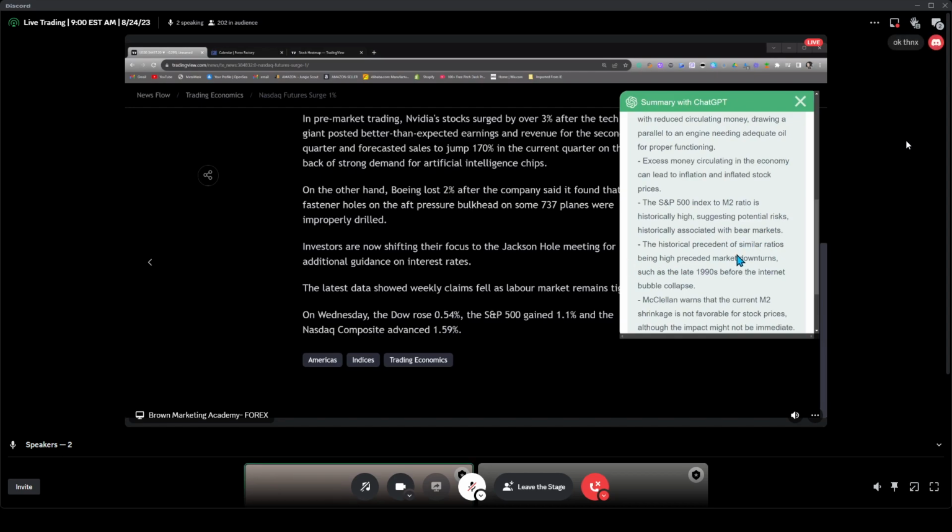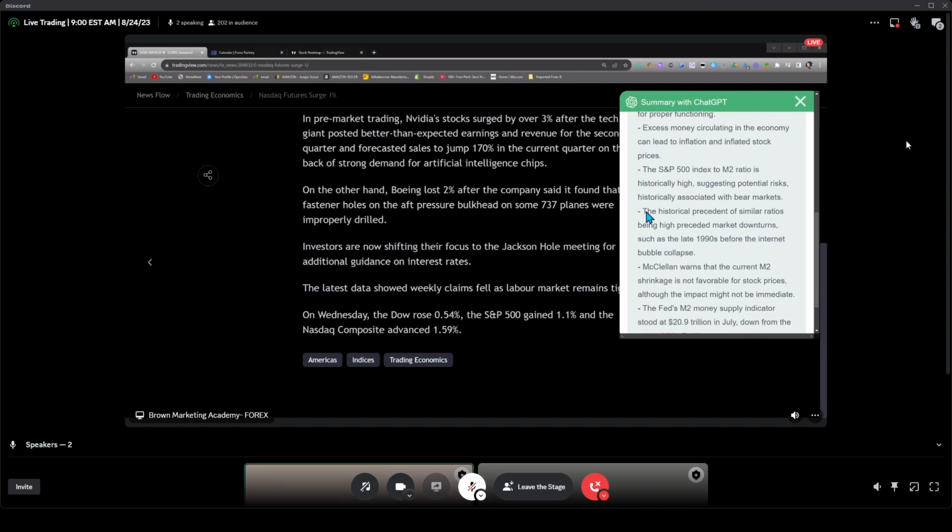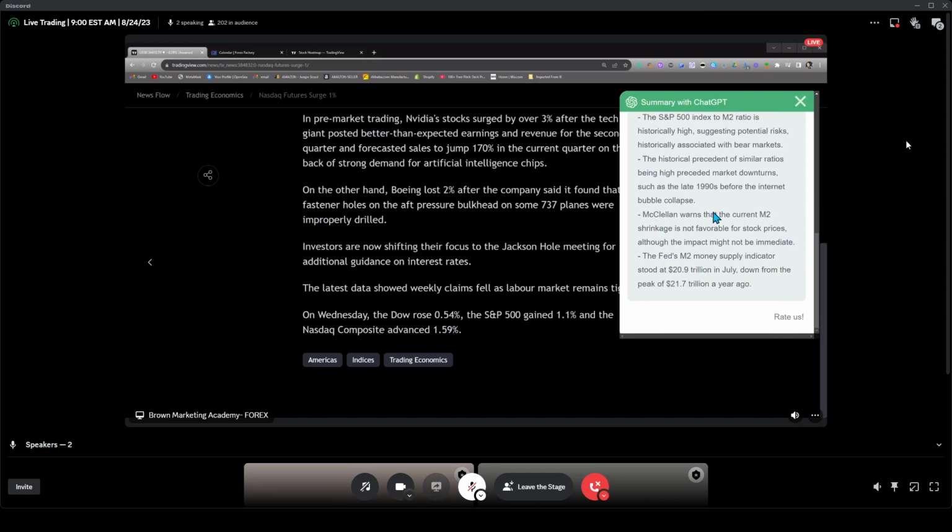The historical precedent of similar ratios being high preceded market downturns, such as the late 1990s before the internet bubble collapse. Jesus Christ. Yeah, that's negative. The current M2 shrinkage is not favorable for stock prices. That's negative. Although this article looks like it's bullish, it's majority bearish.